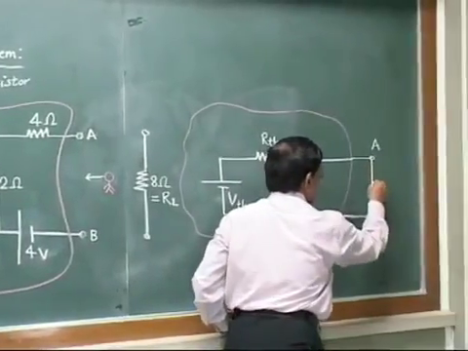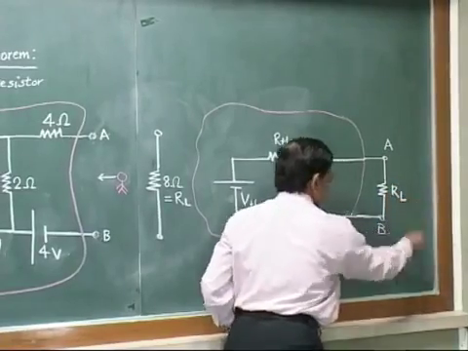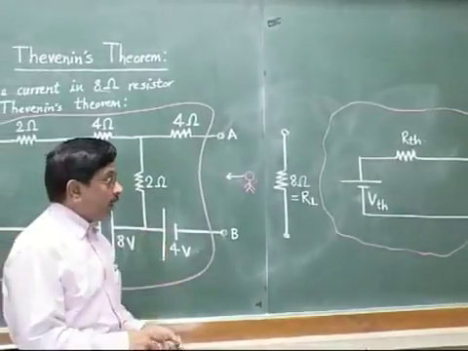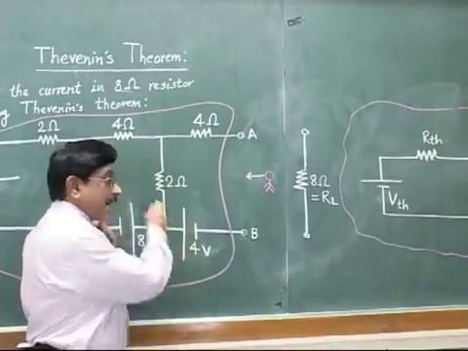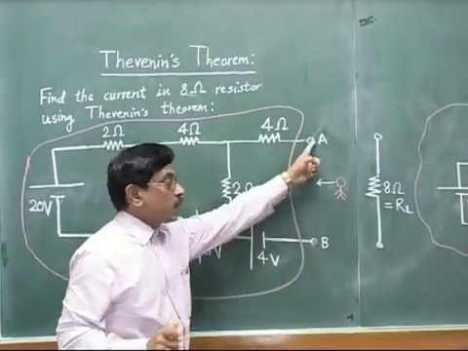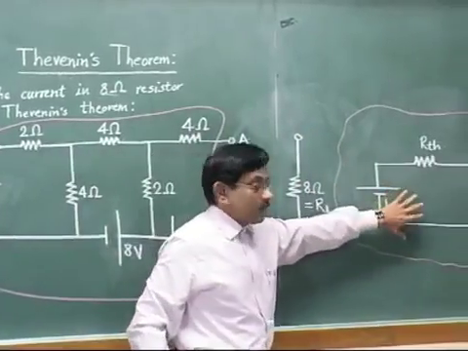So I just reconnect my RL here, because I had earlier removed it only for the purpose of deciding VTH and RTH. Once we decide those values, we will just put it at its own place. So this circuit becomes equivalent to this circuit.